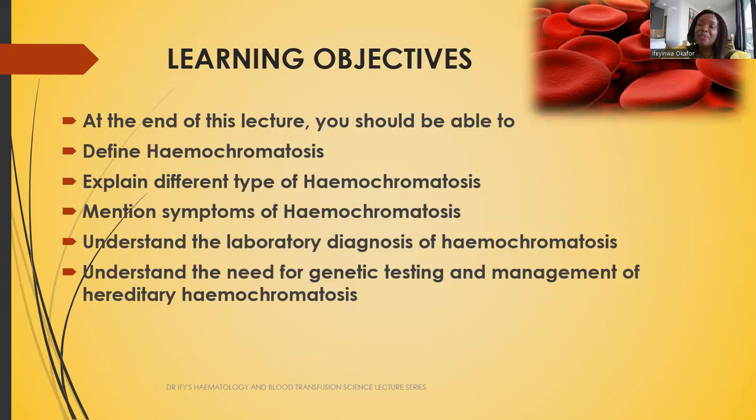You should be able to explain different types of hemochromatosis, mention symptoms of hemochromatosis, understand the laboratory diagnosis of hemochromatosis, and also have a good understanding of why we need to do genetic testing for patients and also for family members who have hemochromatosis, and of course, management of hemochromatosis.